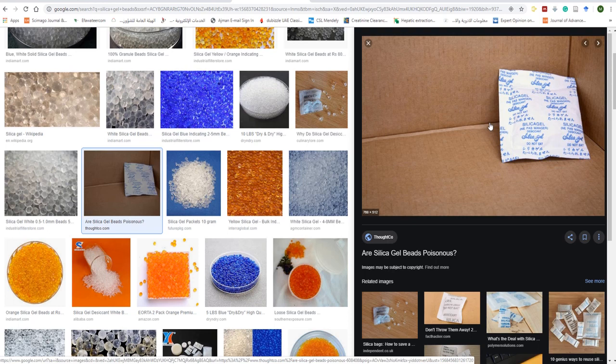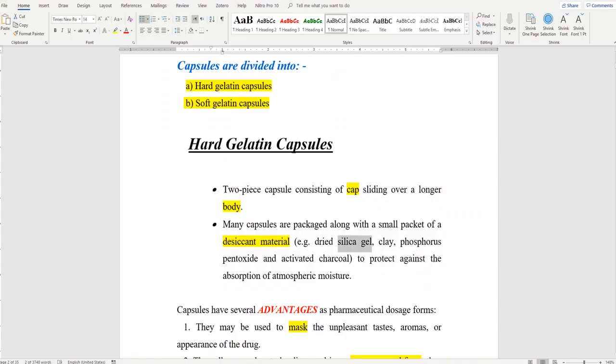Sometimes even when you buy bags or jackets, you will see these silica gel sachets inside them, and that is to absorb smell and moisture from the environment. Okay, so what is the job of desiccant material? The job is to protect against the moisture in the atmosphere. How do they protect? By absorbing the moisture from the atmosphere.